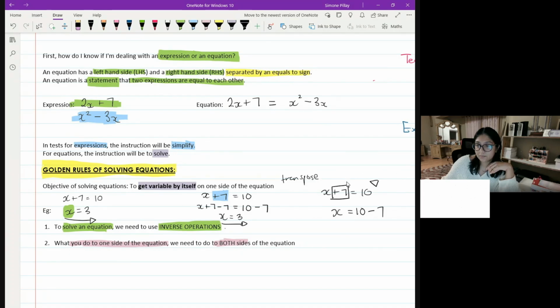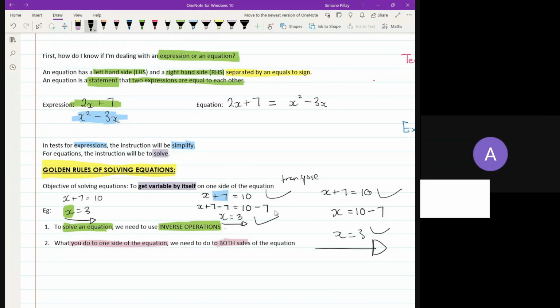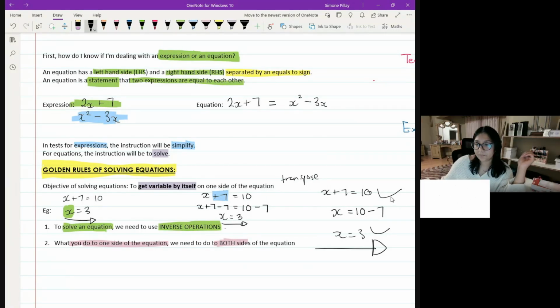So if you were showing your working out and it looked like this, it would have been marked 100%, just like this would have been marked 100%. Does that answer your question? Yes, ma'am. Thank you, ma'am. Pleasure. Okay. So that's that.